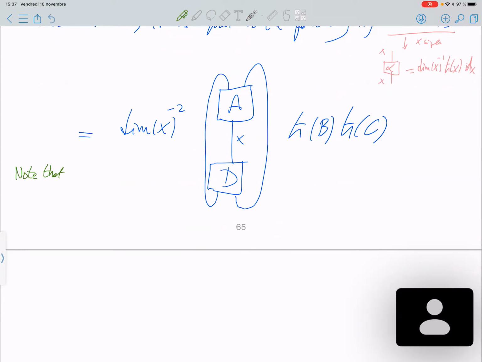The traces simplify 2 pivotal objects, in fact.